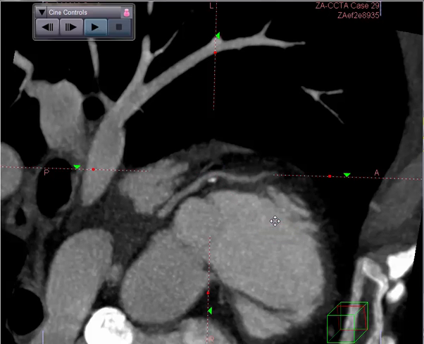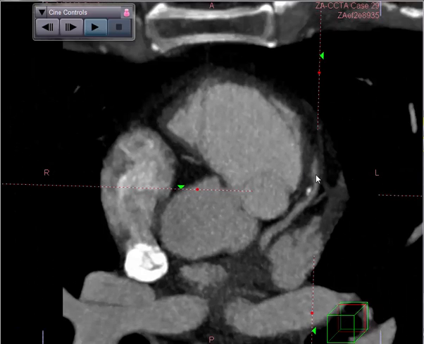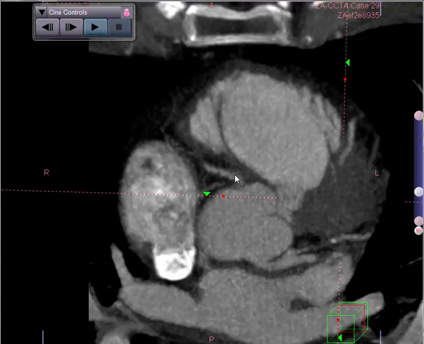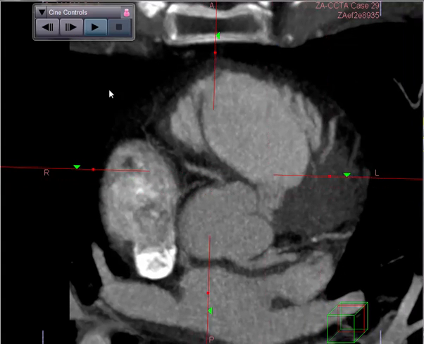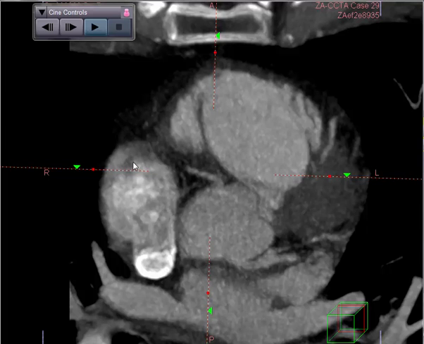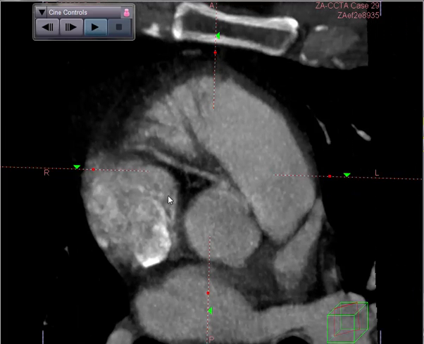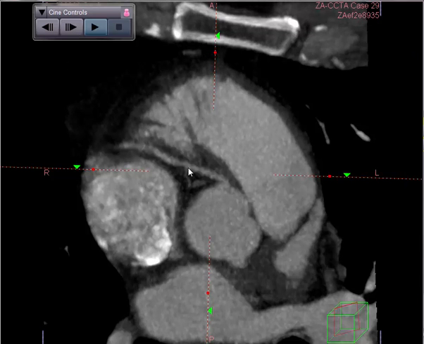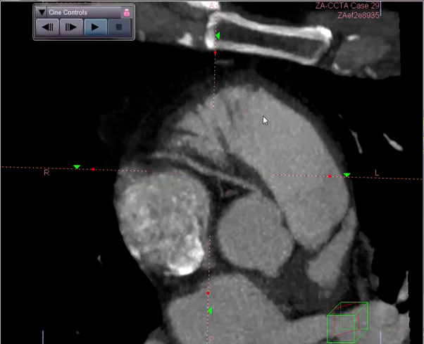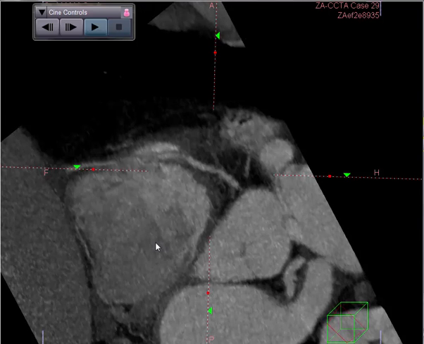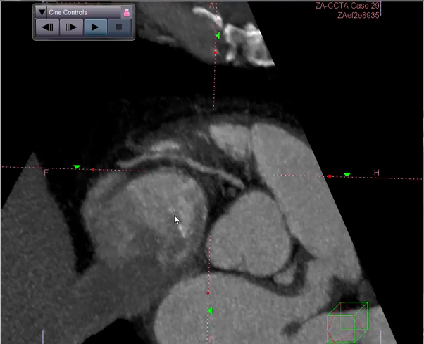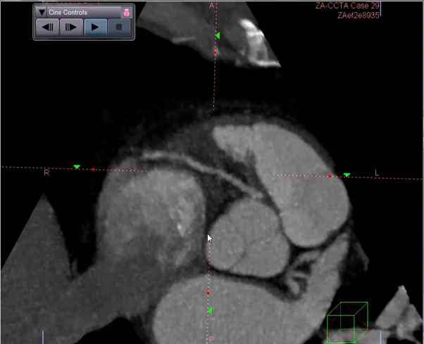Let's finally look at the right coronary artery, returning to the foot view, beginning in the proximal right coronary. Let's switch to another phase. This phase may or may not be a little bit better. There's some fuzziness also in the proximal portion of this vessel. There are some areas here that are not particularly well seen. There may or may not be some plaque in there. I'm not convinced that there's any clear obstructive lesion.